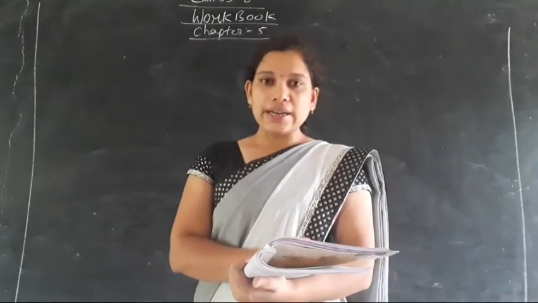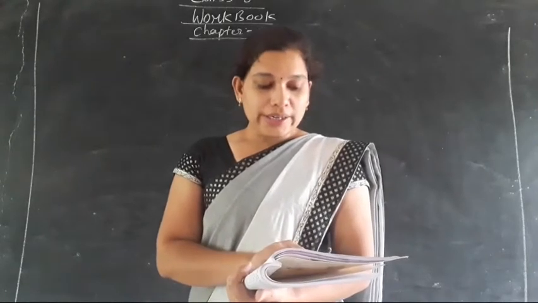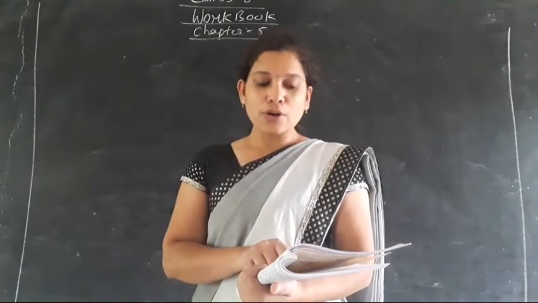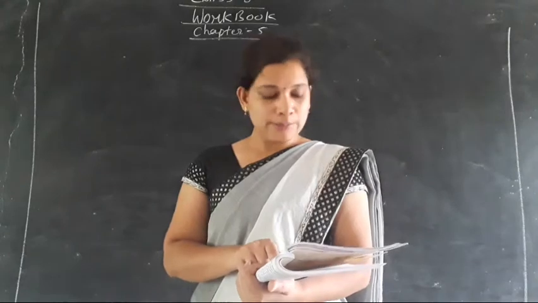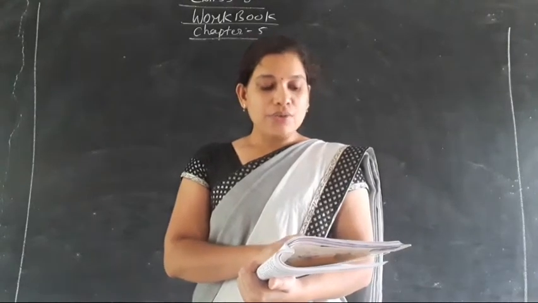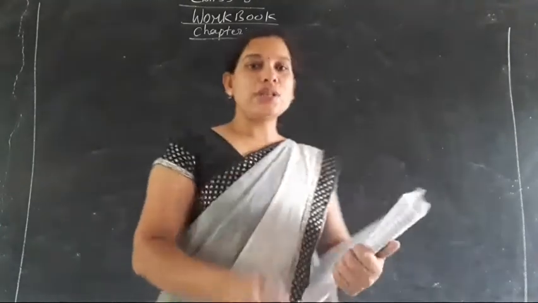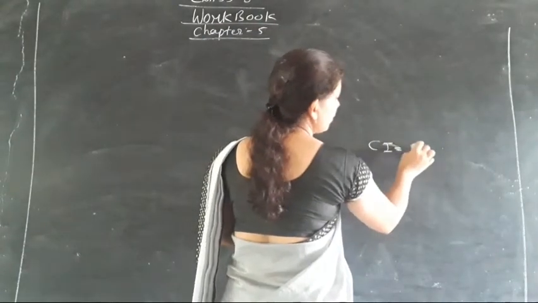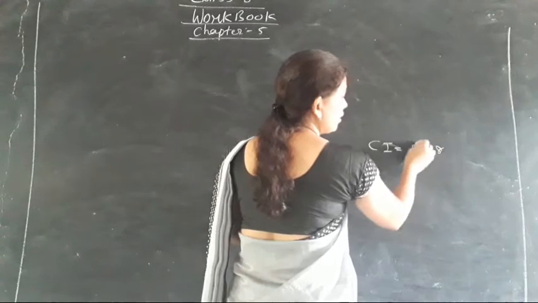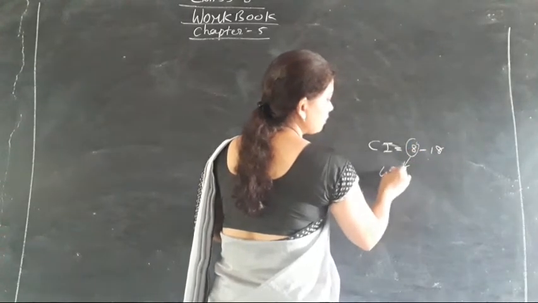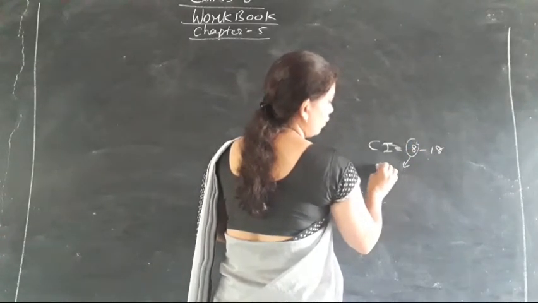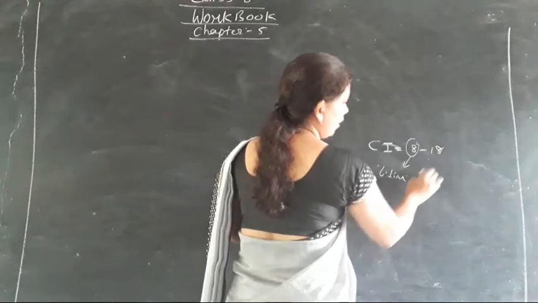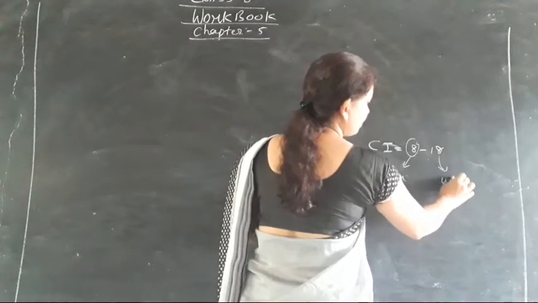Here it is said to present the following data in the form of a grouped frequency distribution table, with 6 classes of equal size and class interval. So dear student, here the class interval is given between 8 to 18. This is the lower limit, and this is the upper limit.